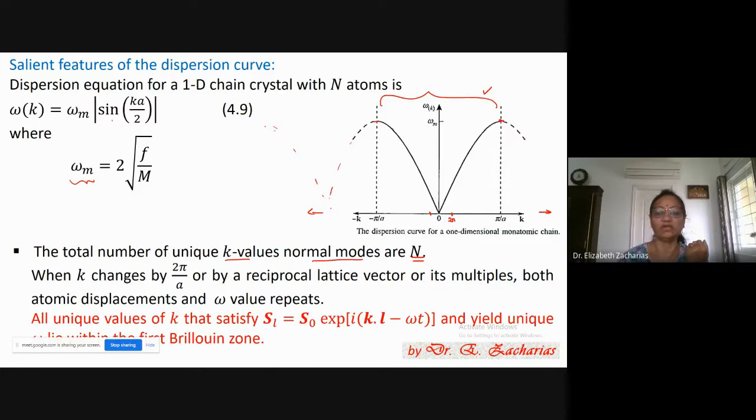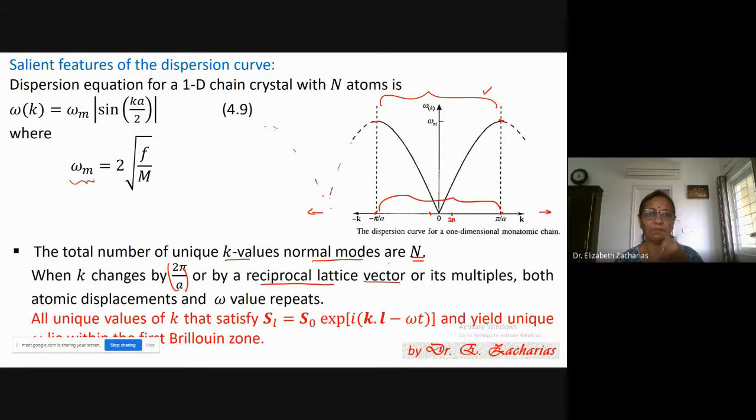Sorry, I made a mistake here. When k changes by 2 pi by a, meaning from here to here, you find that the pattern is simply going to get repeated. And what is 2 pi by a? It is the reciprocal lattice vector.